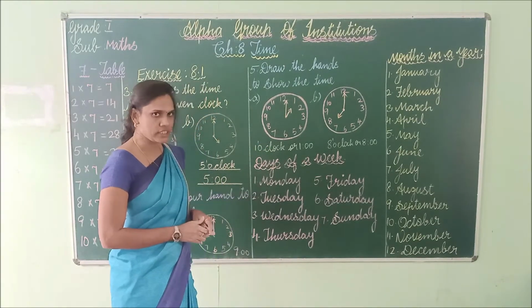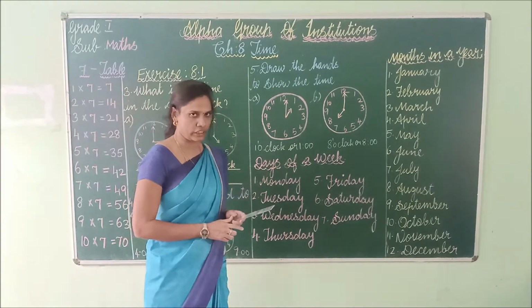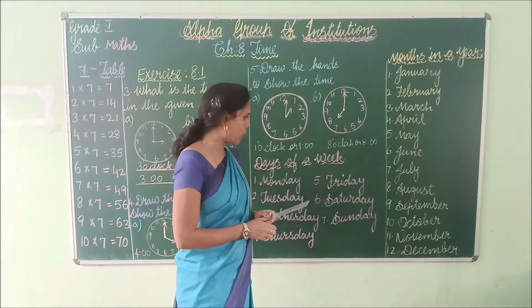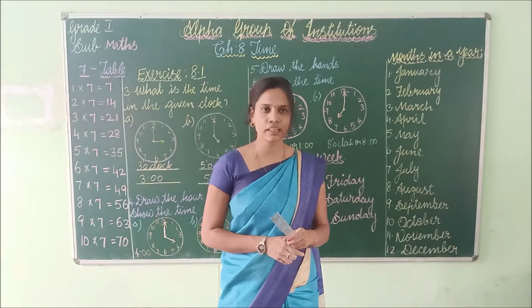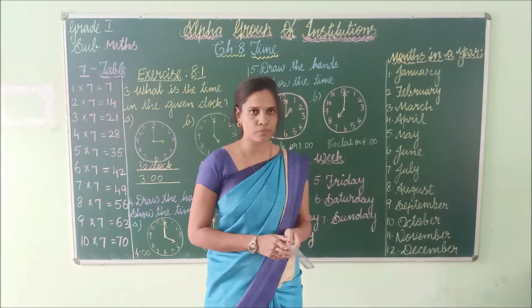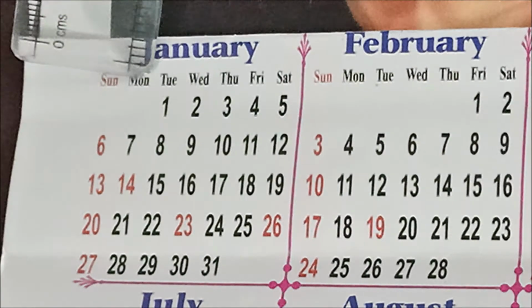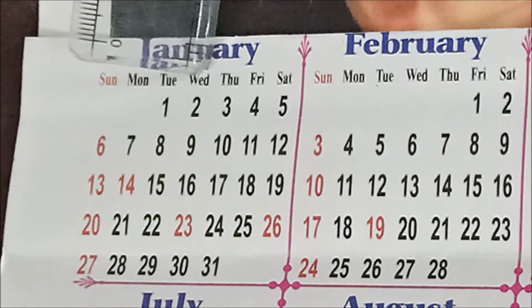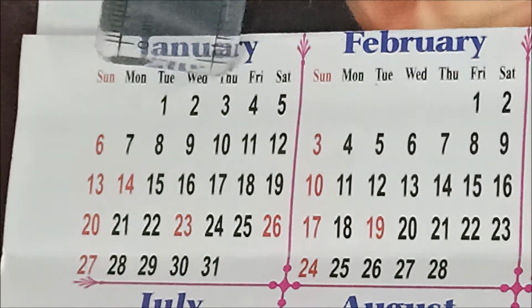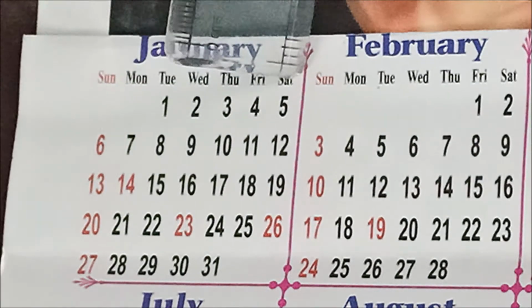Children, next we are going to see days of a week. Before getting into that, we can see one activity related to this concept. Now we can see how many days are there in a week. Sunday, Monday, Tuesday, Wednesday, Thursday, Friday, Saturday.